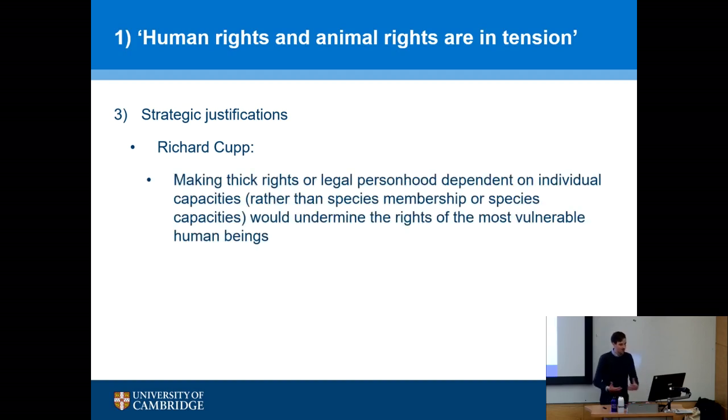So in other words, then, making thick rights or legal personhood dependent on individual capacities would undermine or threaten to undermine the rights of the most vulnerable human beings because they may lack those capacities. So he says, let's just focus on who's a human being. If you are, you're in, you're a member of the club. That's all that matters.